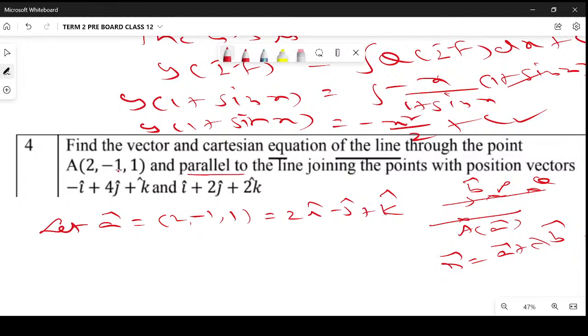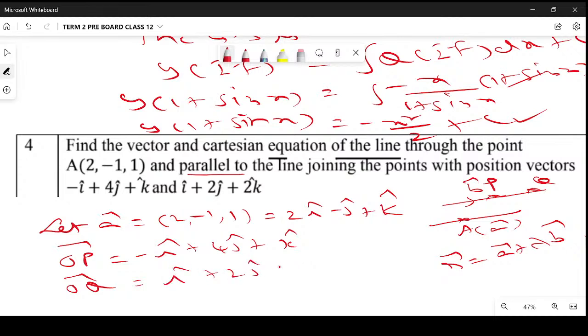I can consider OP bar equal to minus i cap plus 4 j cap plus k cap, and OQ bar is equal to i cap plus 2 j cap plus 2 k cap.